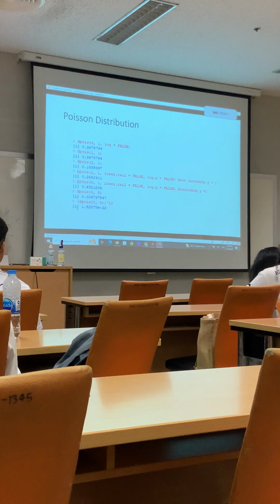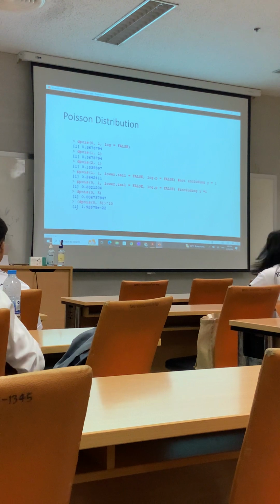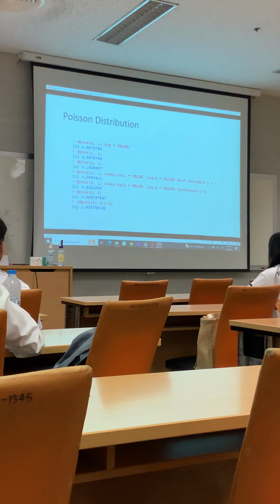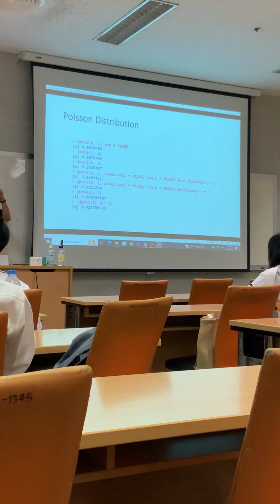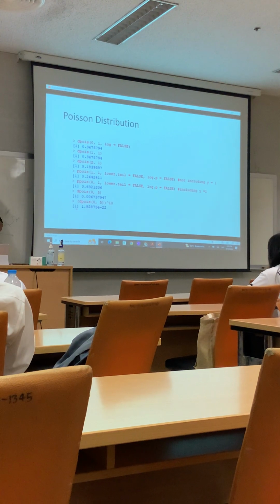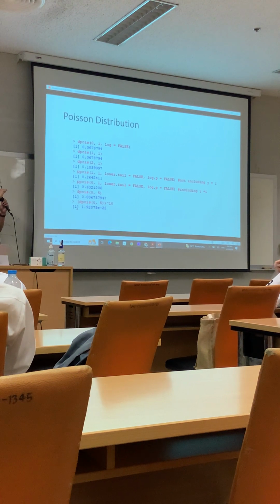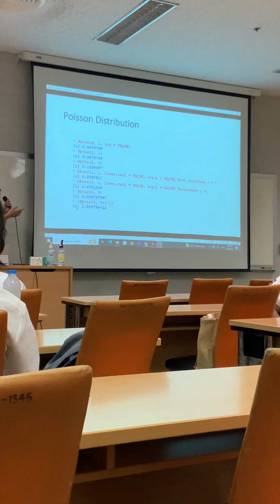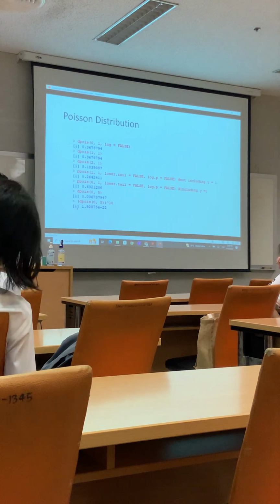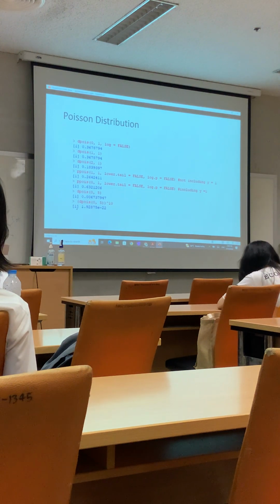Can anyone tell me? Okay, I already talked about this a little bit in binomial, but at that time maybe you did not fully appreciate it. Now you start to see the problem.